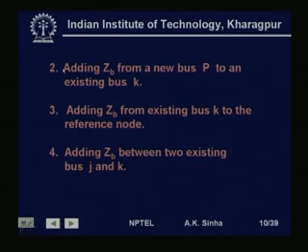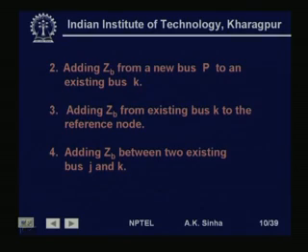Then type 2 modification is adding a branch with impedance ZB from a new bus P to an existing bus K. That is, we are again adding a new bus P, and from this bus P we have a branch connected to some other bus K which is already in the existing network.